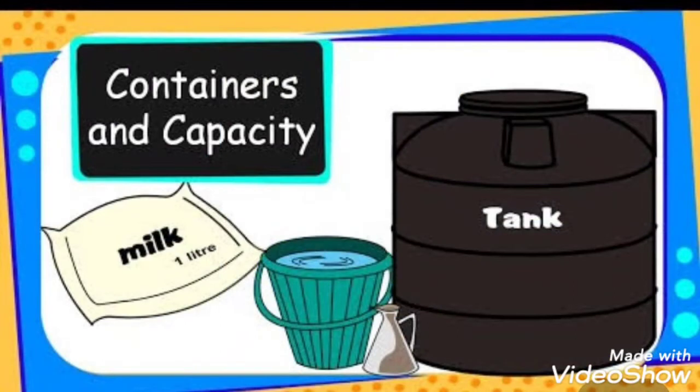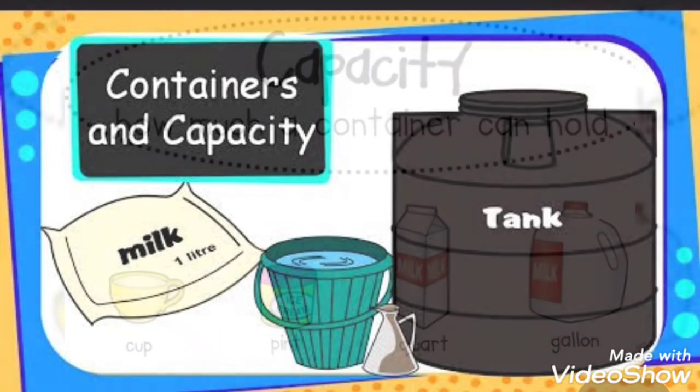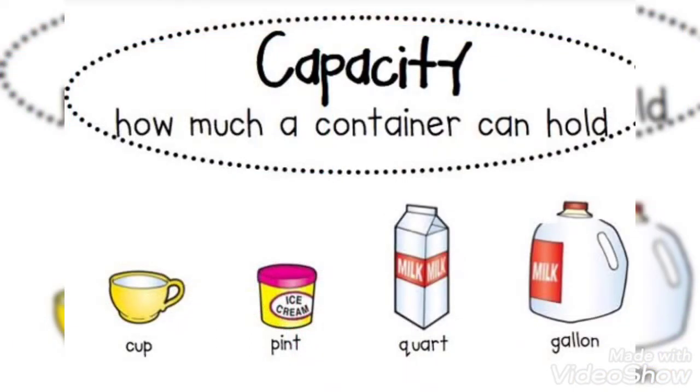Now, the standard unit for measuring mass is kilogram. Kilogram is written as kg in small letters. The other commonly used unit is gram, which is written as g in small letter.